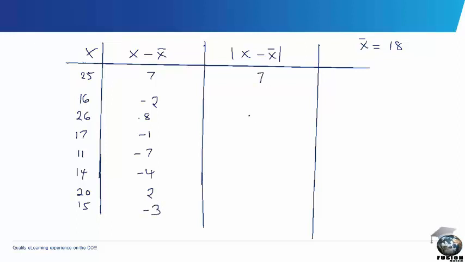The absolute value removes the negative signs.